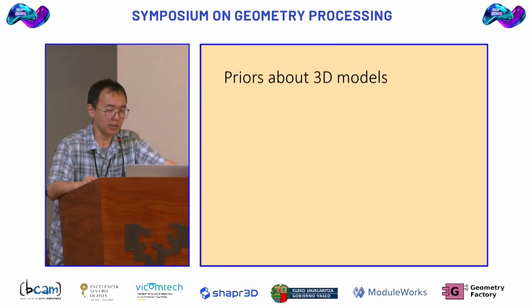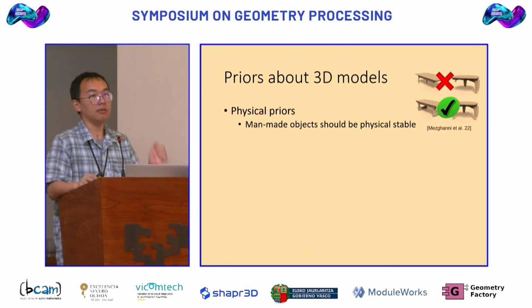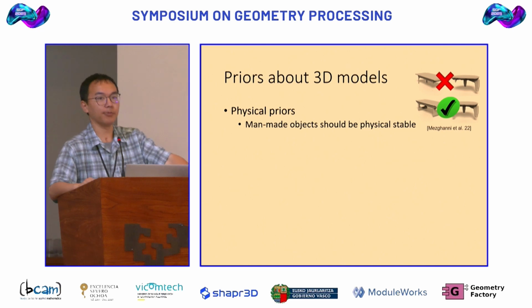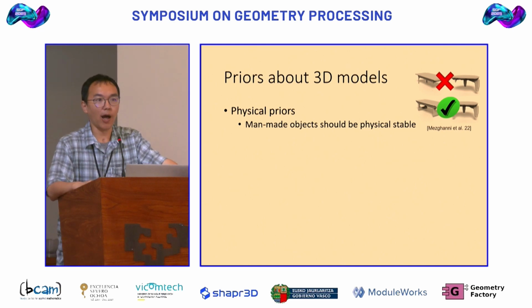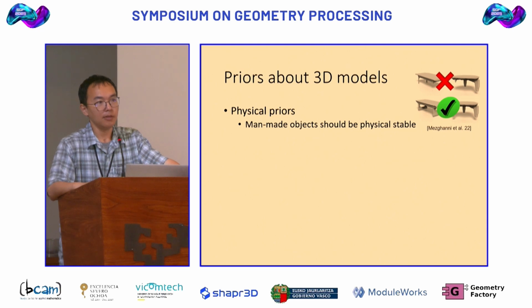So what are those priors? Number one, if we generate a 3D model, and we are a graphics person, one very important application is manufacturing. You want to print the object, then the model has to be physically stable. Otherwise, it will break during the 3D printing procedure.